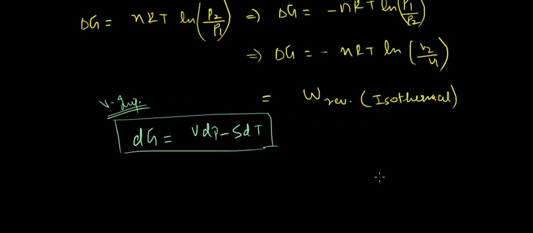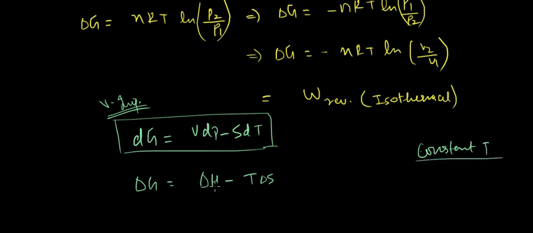Okay. And we also had this equation that delta G would be equal to delta H minus T delta S. Okay. So when we have a constant temperature, then we can write delta H is equal to 0 for an ideal gas.